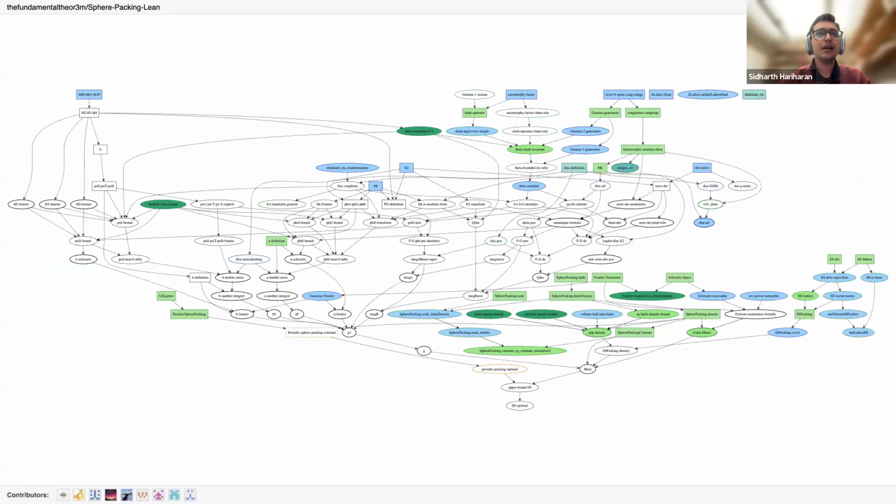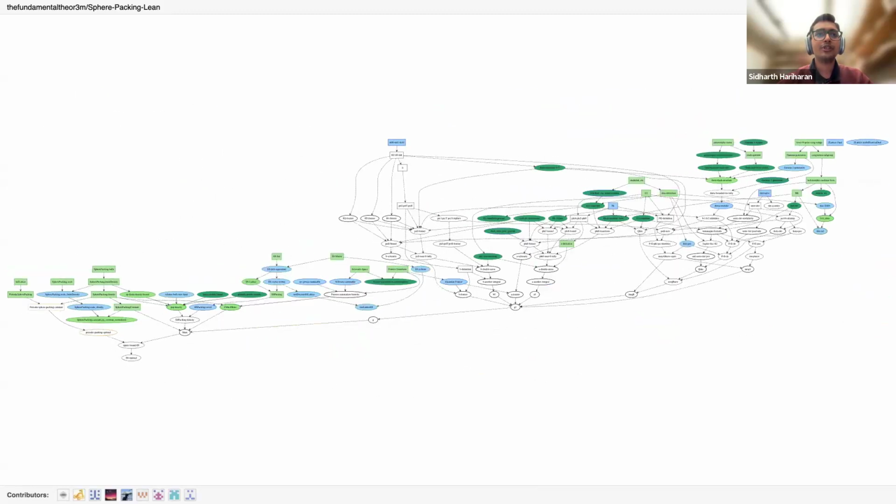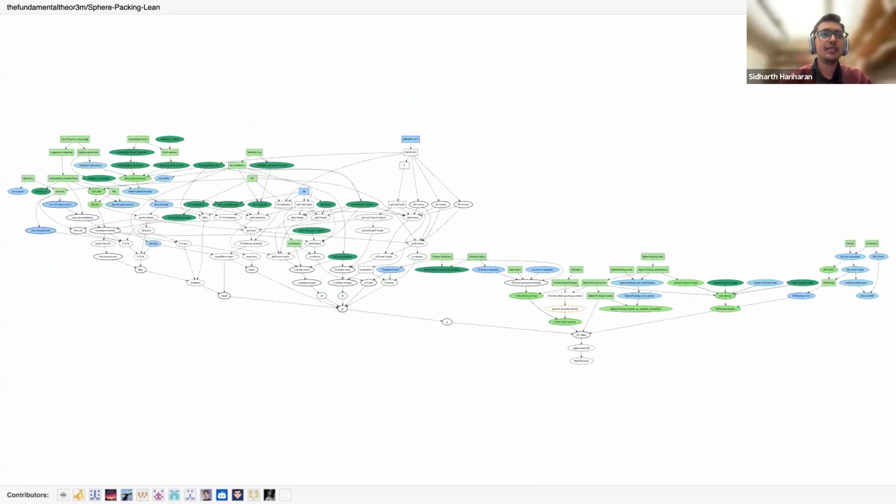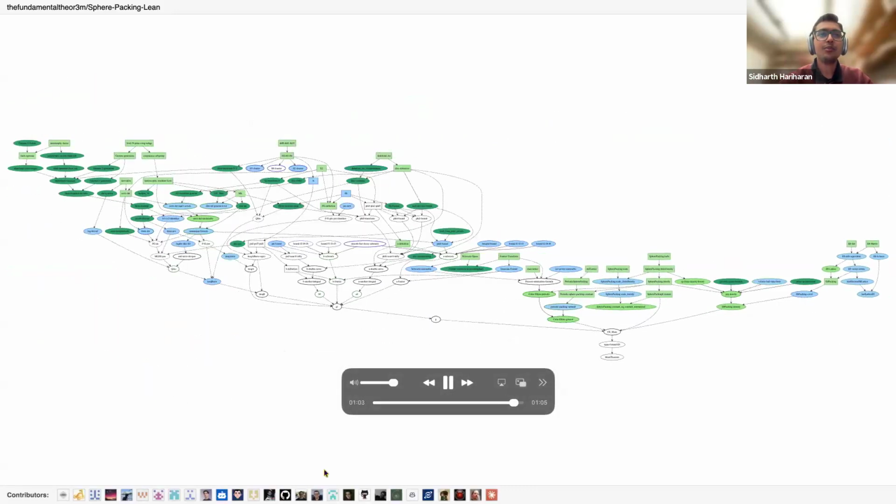You can see all of a sudden the number of contributors is increasing. You can see that below. And this is after going public at Big Proof. As you can see, the project has evolved quite a bit, but the blueprint, this is accurate as of the 18th.